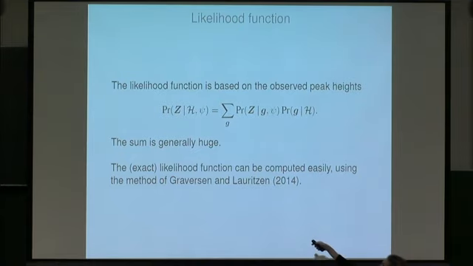That gives us the marginal distribution of the peak heights that we can observe. So that's the likelihood function. And the problem is, as we add in more unknown contributors, we get a really big sum here. So that's in practice difficult to compute. And in the paper that Roberto was referring to, Steph and I have been working on actually computing this exactly for a given peak height model.